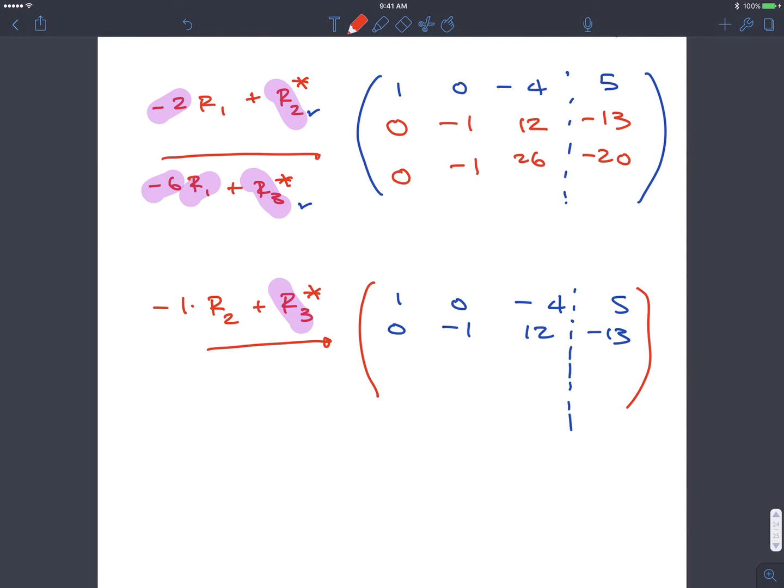Now, remember, -1 times row 2 added with row 3. So, we're going to multiply.